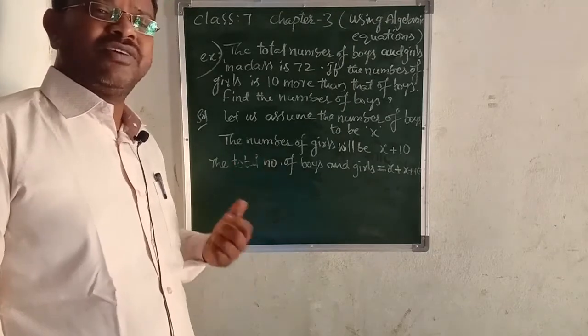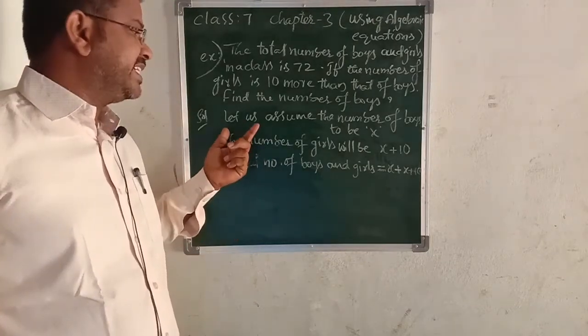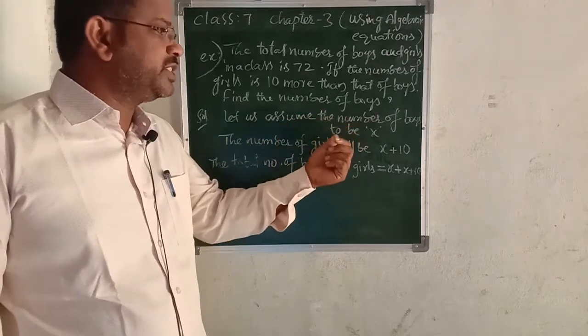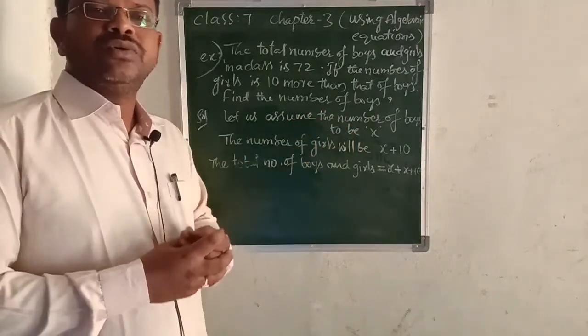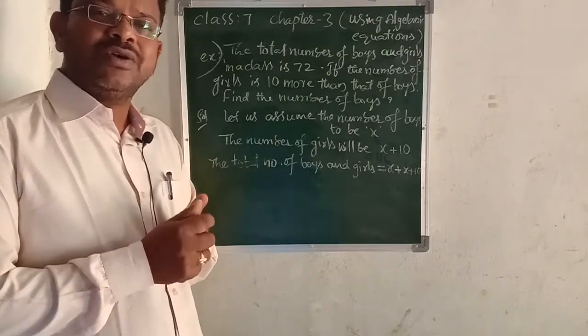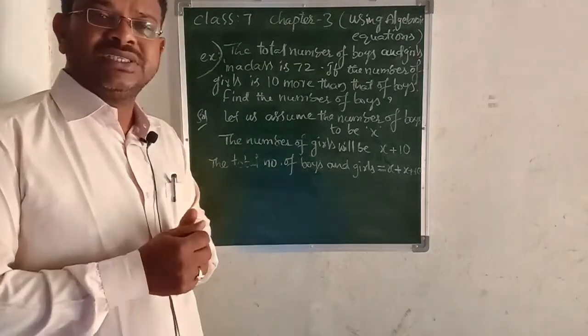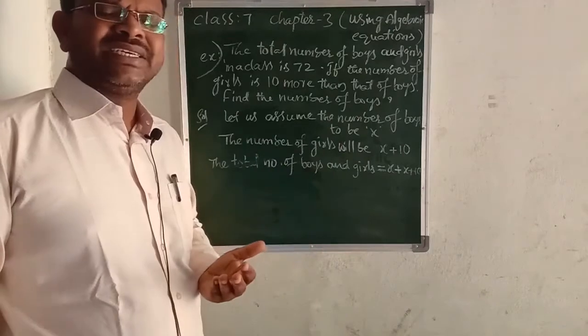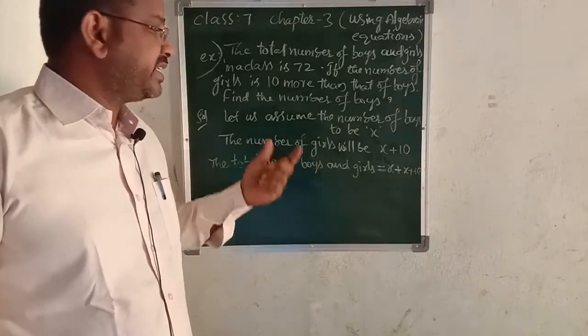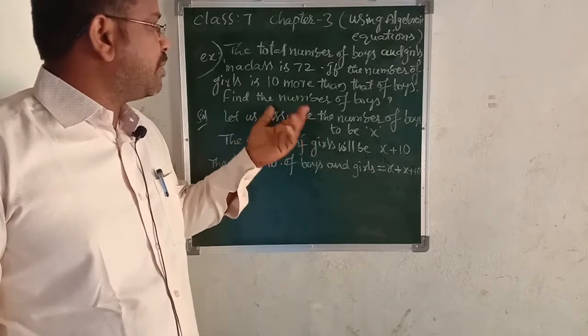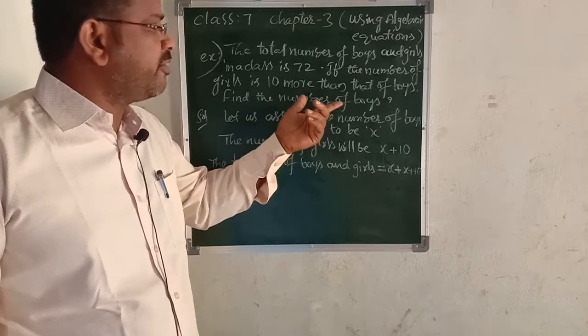To find the number of boys, let us assume the number of boys to be x, because we don't know it. Whatever the unknown numbers, we assume some letters like x, y, z and so on. We don't know the number of boys.